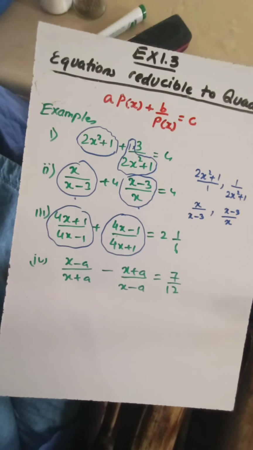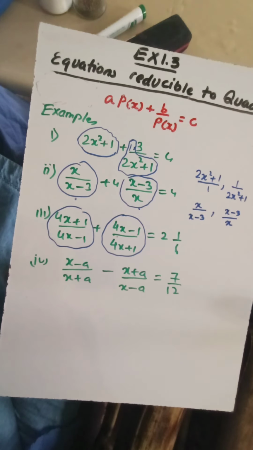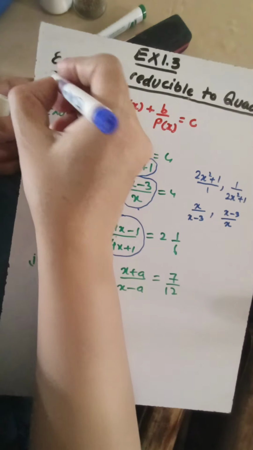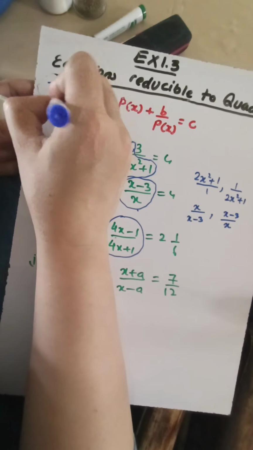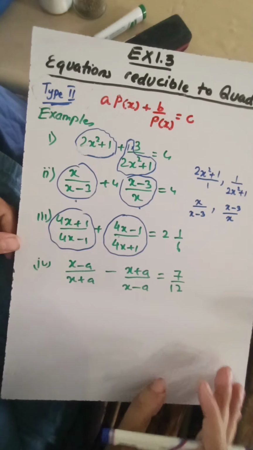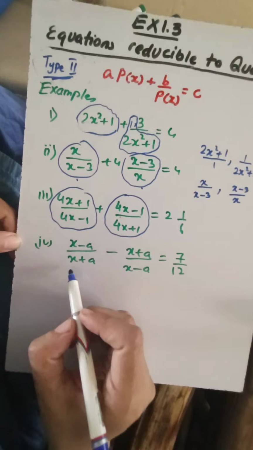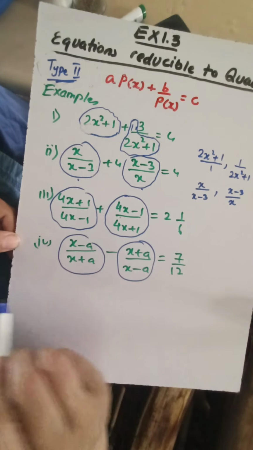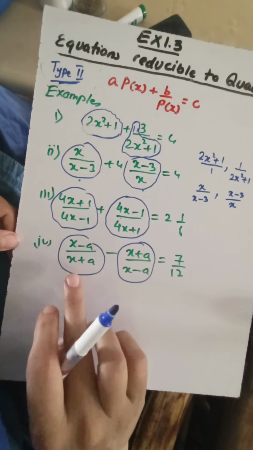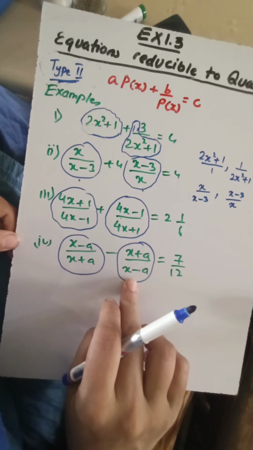If the equation involves an expression and its reciprocal at the same time, you can use this, which is type 2 equation. Similarly, here we have x minus a over x plus a and its reciprocal in the next term.